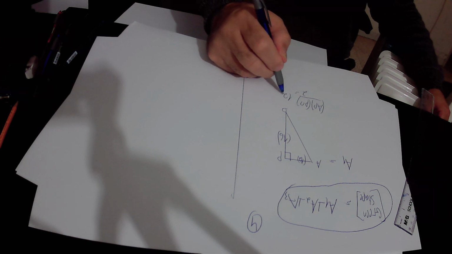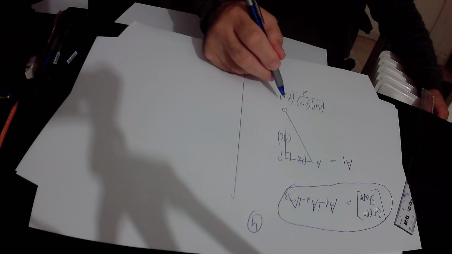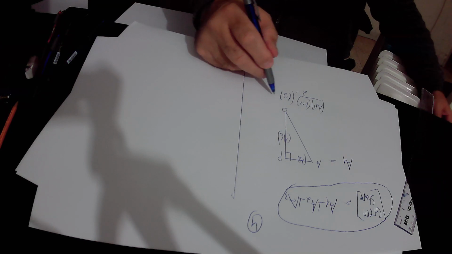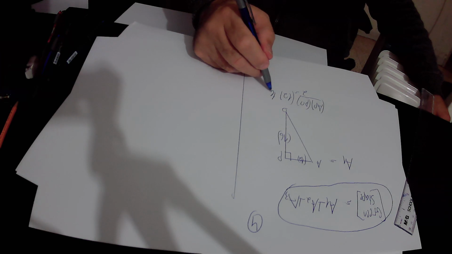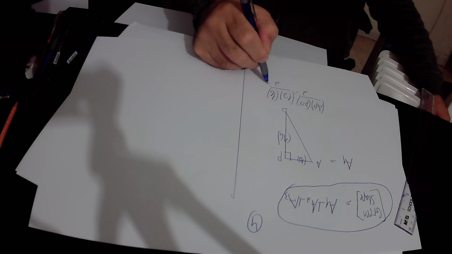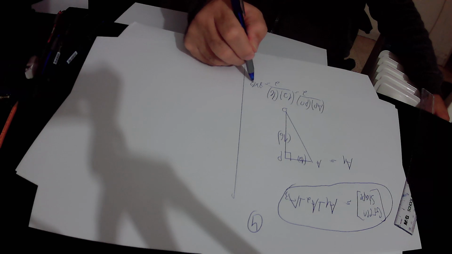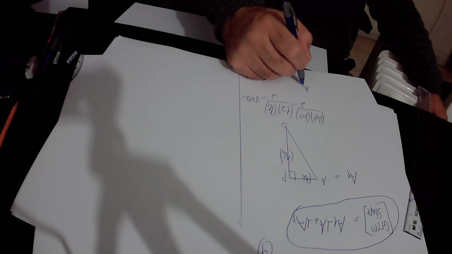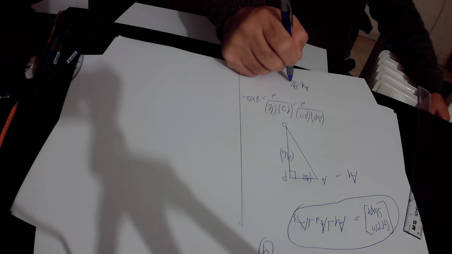AP is 12 times PO is 16, divided by 2. 16 over 2 is 8, and 8 times 12 is 96. So in total we found that A1 equals 96 square units.